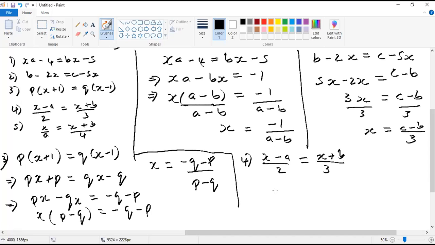Okay. So you would multiply both sides by 3, that would get rid of this here, and both sides by 2 would get rid of the 2. Or you can multiply both sides by 6, right? Let me just do that instead.